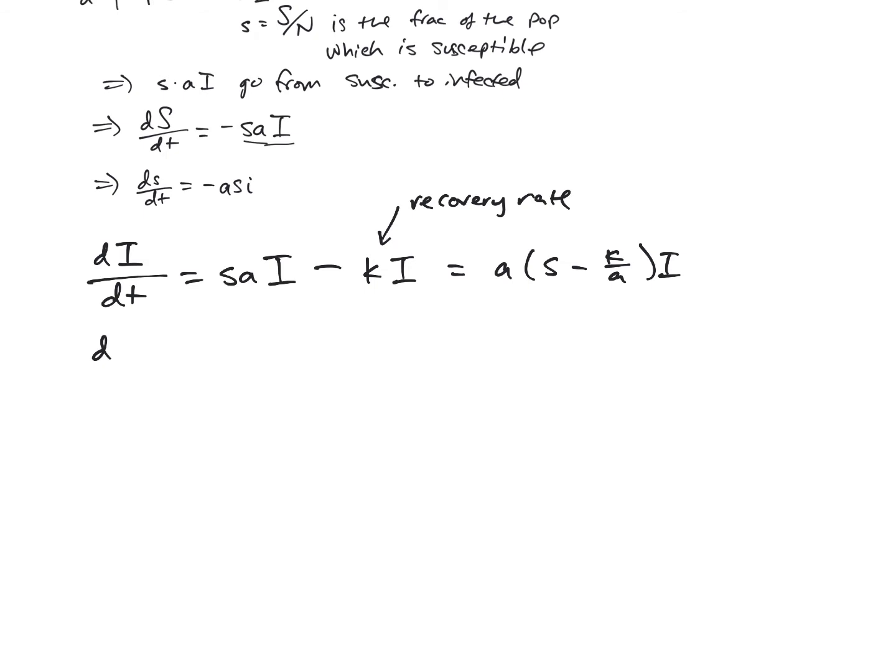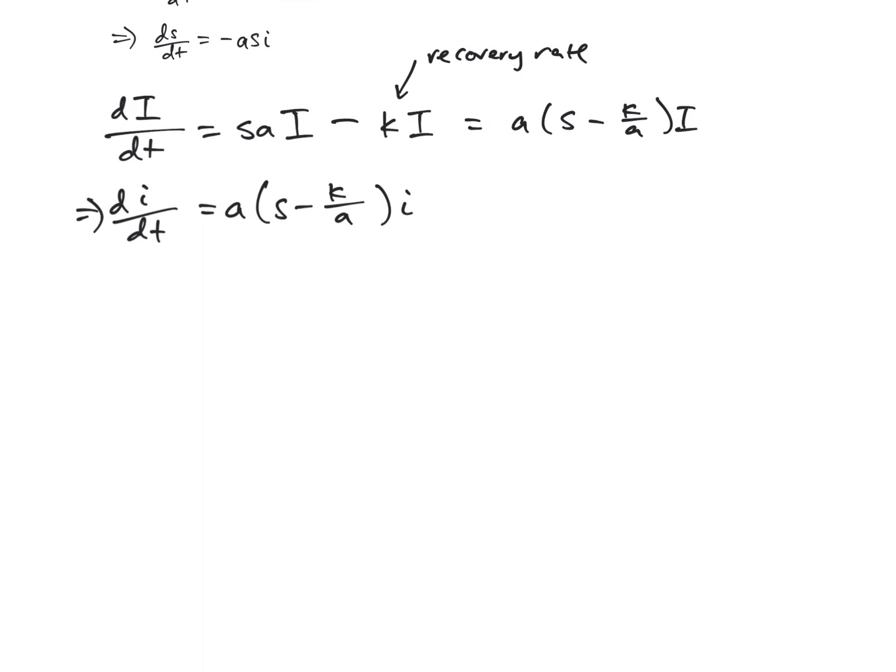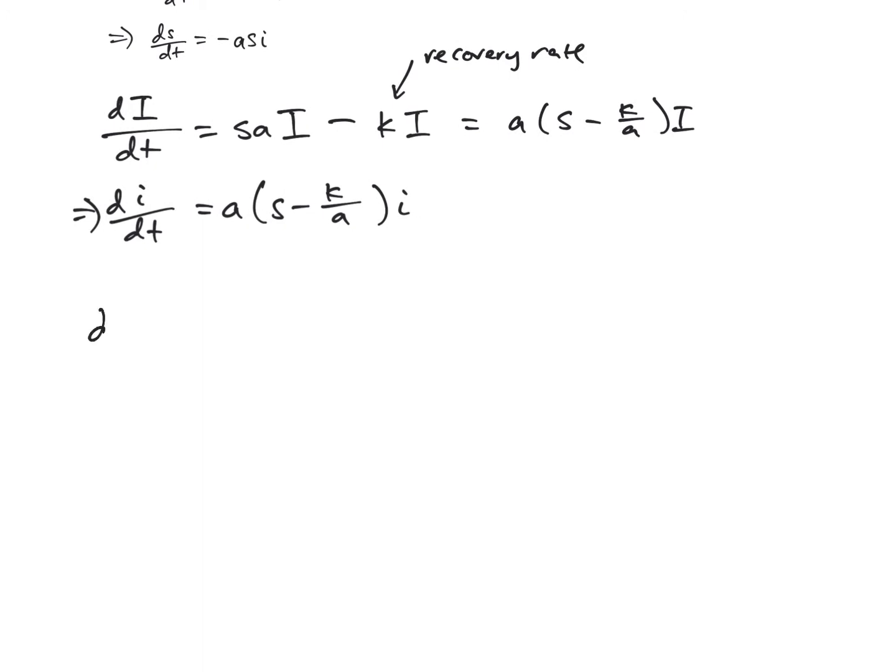We're really interested in the rates here, or the proportional quantities, so we're going to divide everything by n again, and we get d little i dt equals A times s minus K over A times little i. And then the last equation that we need is d big R dt.